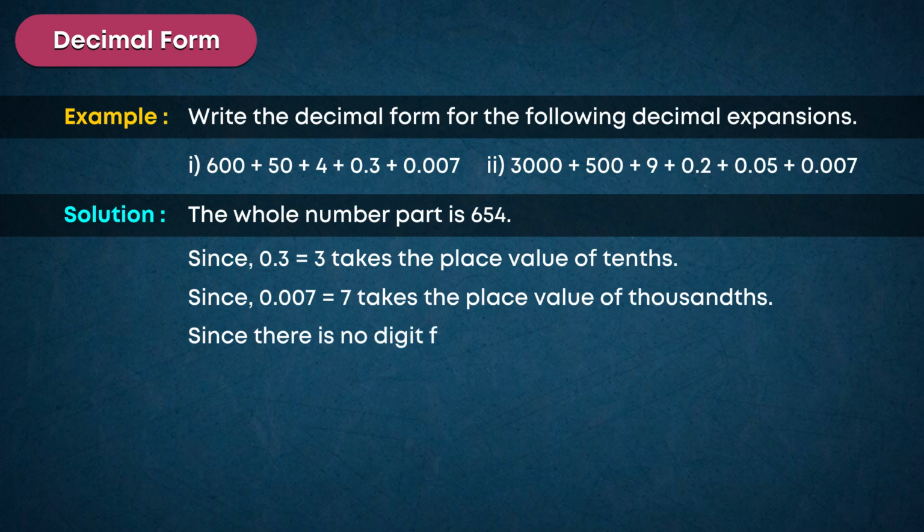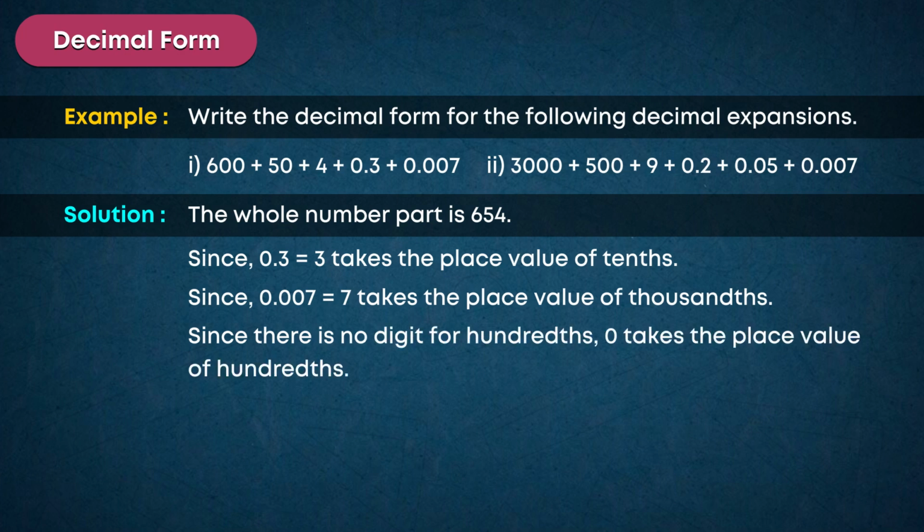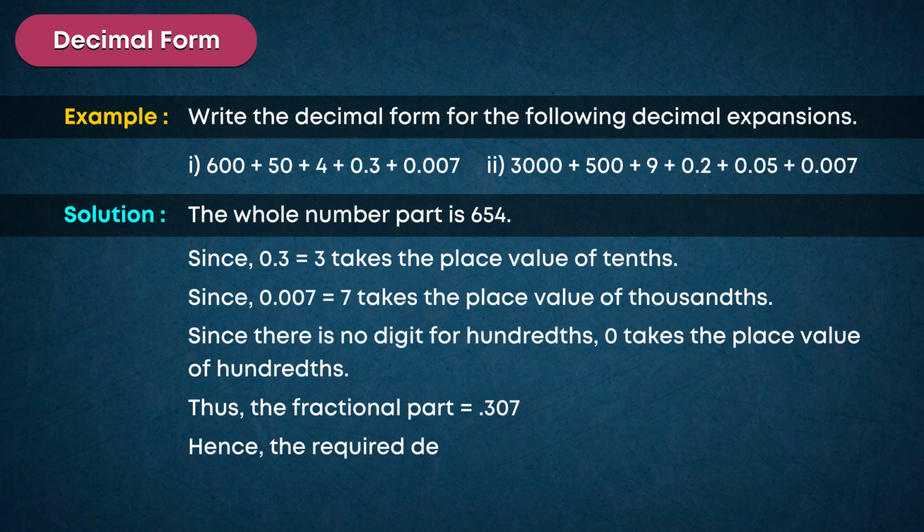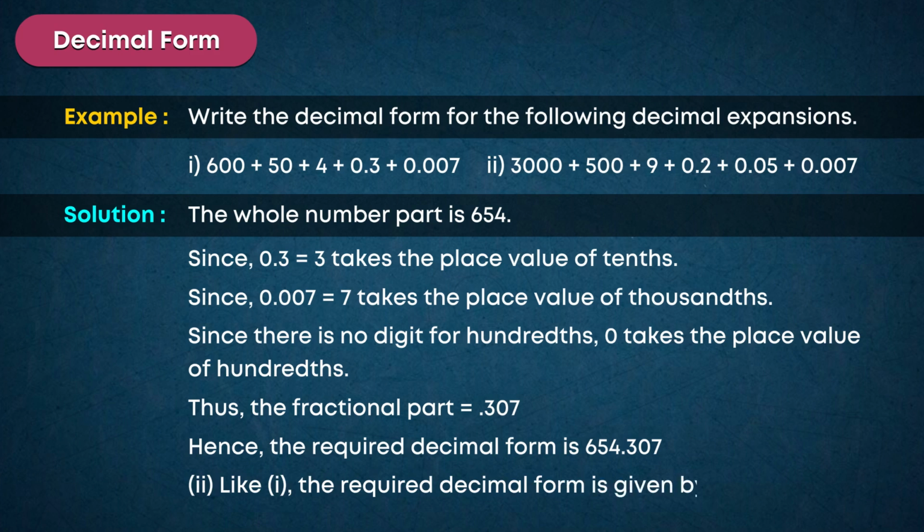Since there is no digit for hundredths, 0 takes the place value of hundredths. Thus, the fractional part is equal to 0.307. Hence, the required decimal form is 654.307. 2. Like 1, the required decimal form is given by 3509.257.